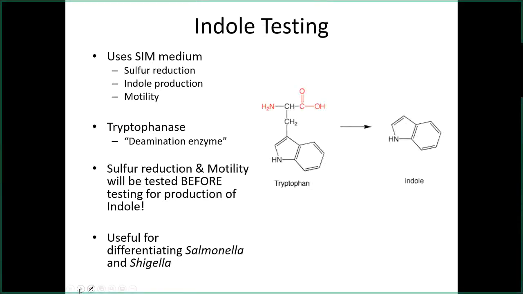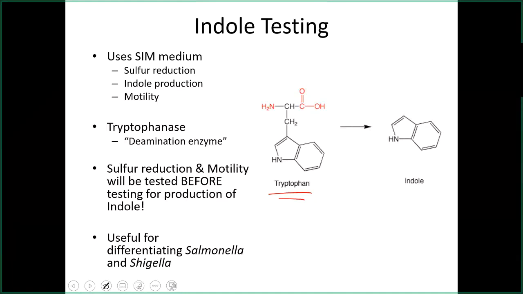So indole is a byproduct of the metabolism of this stuff here. Tryptophan is an amino acid, right? It's very abundant in foods that contain proteins and peptides. Turns out that there are some bacteria that can utilize the amino acid tryptophan.